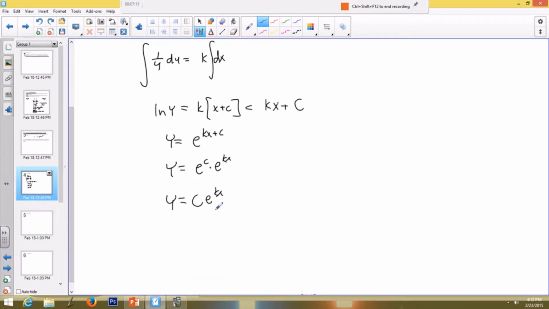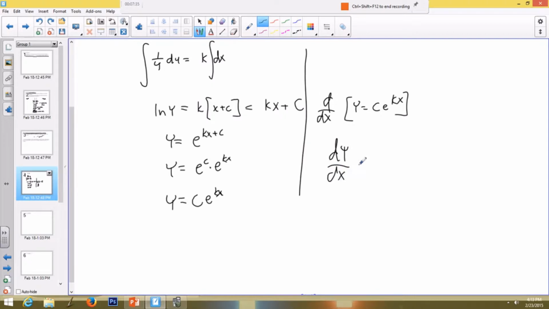Well, I have to know what y is before I can do that, but if I start with y equal to c e to the kx, and that's an x there, we'll try and make it a little bit better. If I take the derivative of this with respect to x, I get dy over dx equal to, and a constant you leave alone, e to the u.